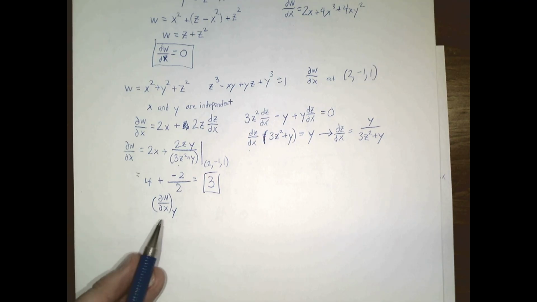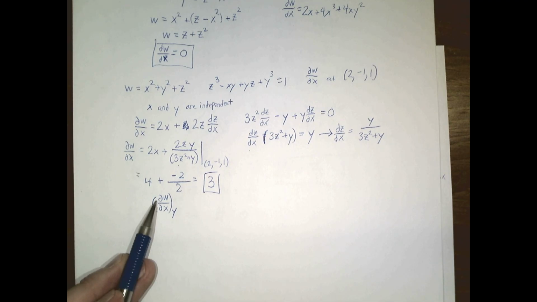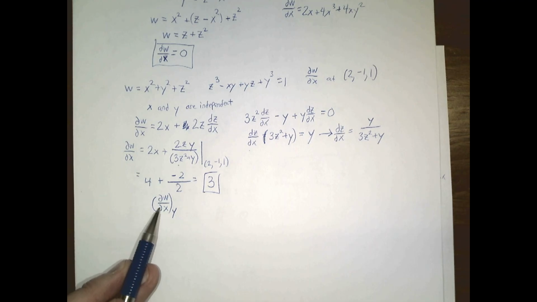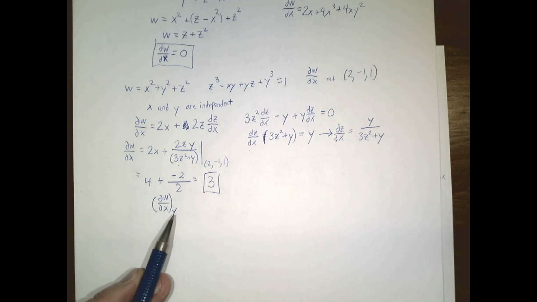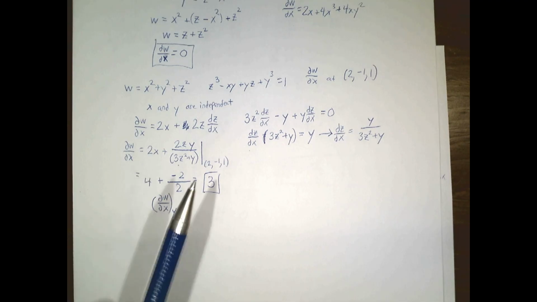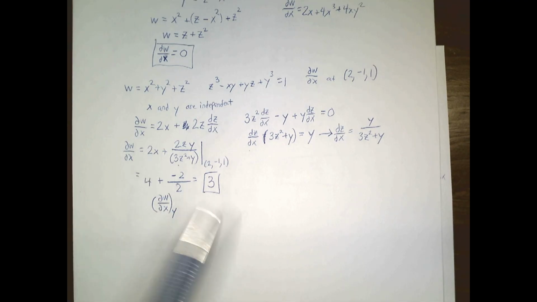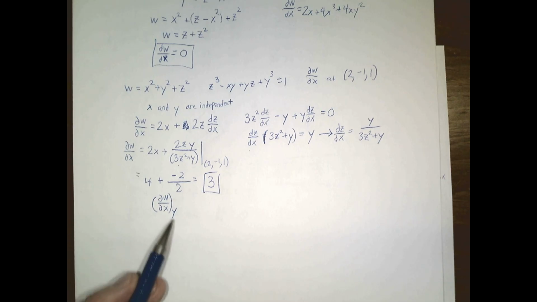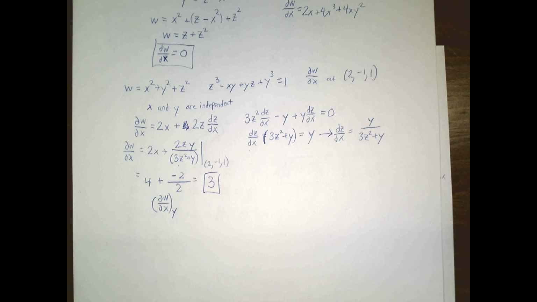You'll use this notation to say, hey, I'm taking the derivative of w with respect to x, and I'm leaving y constant. And that's what we did here. Because y was independent, we essentially treated it like it was constant in terms of x. Z, anything that's not a subscript here, gets derived normally or implicitly with respect to x.